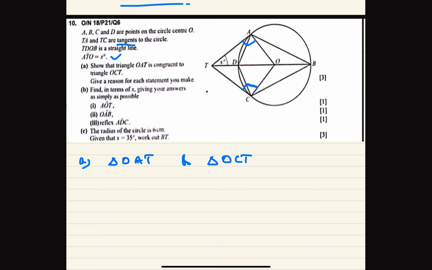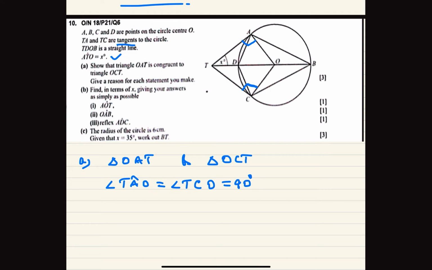You see, angle TAO is equal to angle TCO because they both are perpendicular, 90 degrees. We already realized it in advance that it should be 90, right?